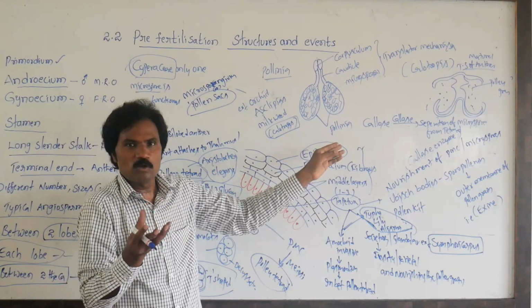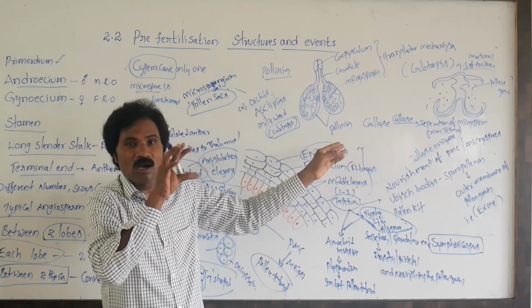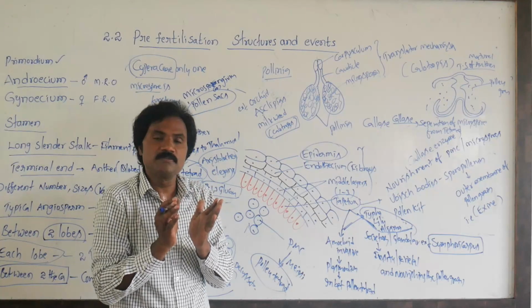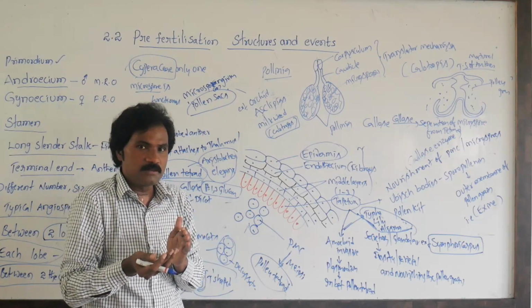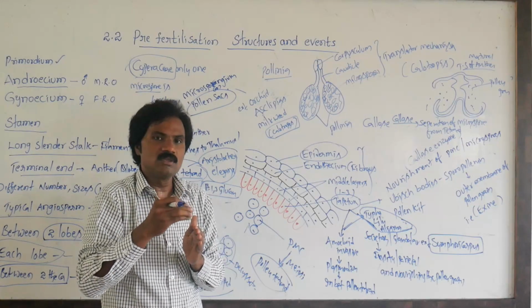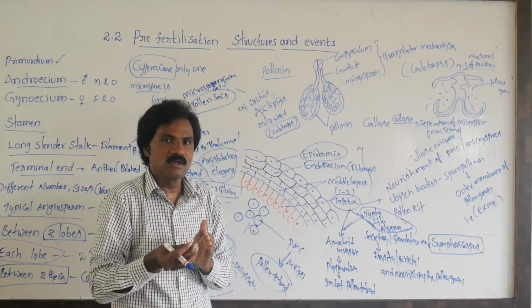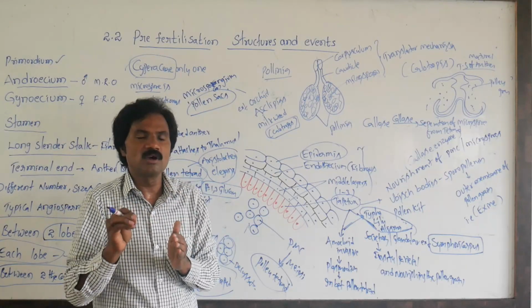How many microsporangia are present? 4 microsporangia, present at the corners. Each microsporangium develops sporogenous cells, which form the pollen mother cells, and through meiotic cell division, microspores or pollen grains are formed.